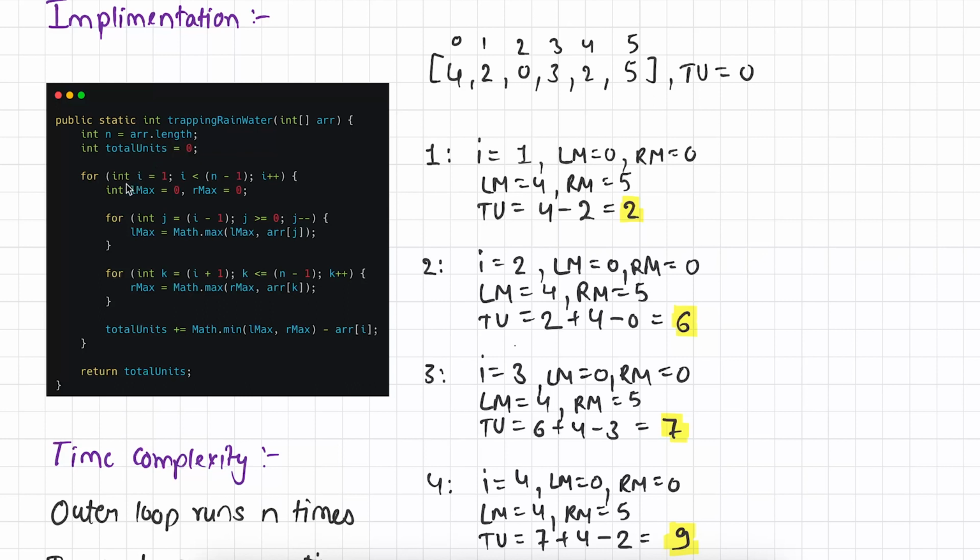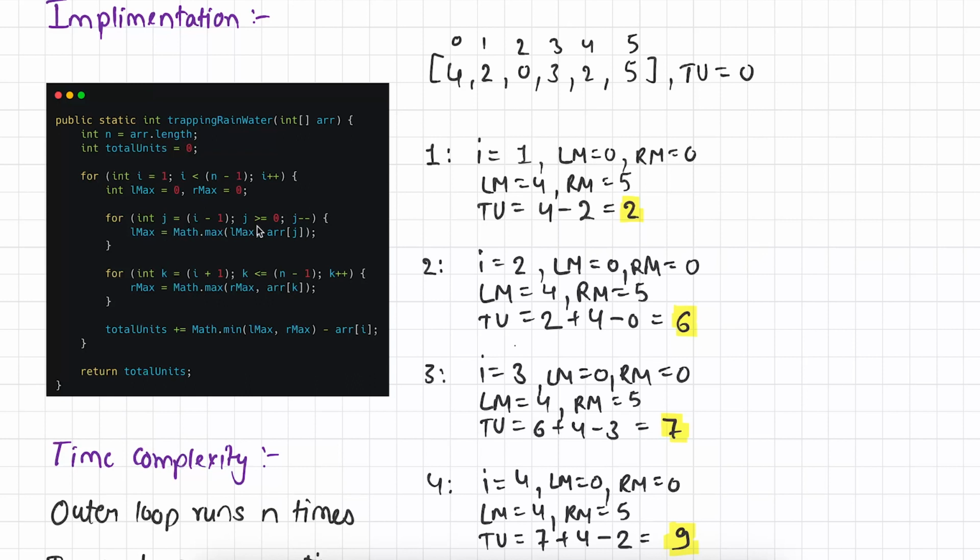Then we are running a loop from i equal to 1 till less than n-1. Correct? And inside this loop we are again initializing two variables, lmax and rmax. It means the leftmost maximum height and the rightmost maximum height of the bar. This variable keeps track of the leftmost maximum height of the bar and the rightmost maximum height of the bar. And then again we are running a loop from i-1 till 0.